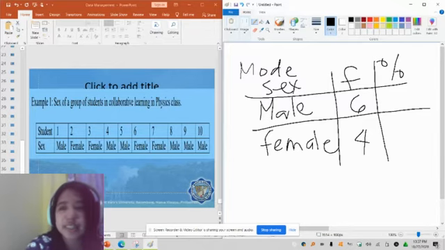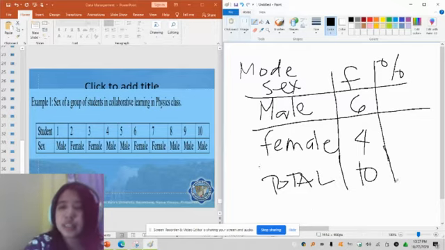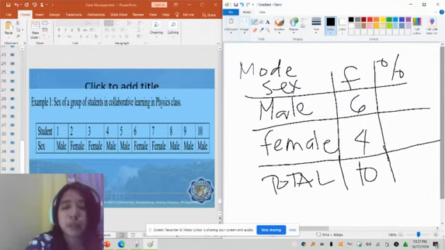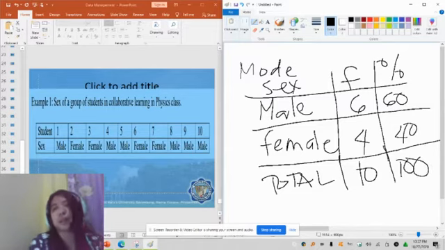Since the total is equal to 10, to get the percent, we simply divide 6 over 10 multiplied by 100, and that is 60%. 4 divided by 10 times 100 is 40%, for a total of 100%.